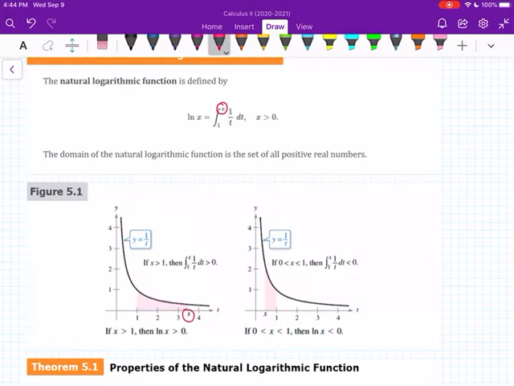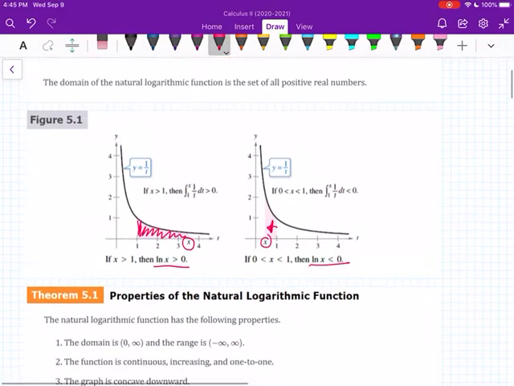So if x is greater than 1, then my integral goes from 1 to something bigger than it, above the x-axis, therefore my natural log will be positive. And if x is less than 1, so I'm going from 1 backwards, okay, so then I'm going to get a negative integral value. So then the natural log will be less than 0 or negative. So that's kind of a good little visual to help remind you of when your natural log values will be positive and when they will be negative.